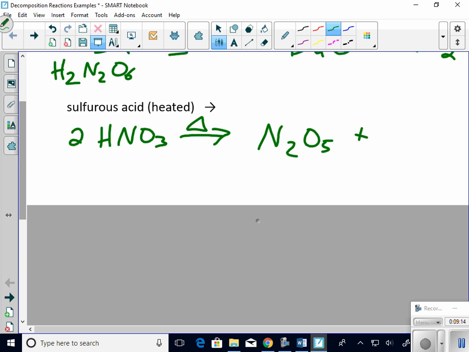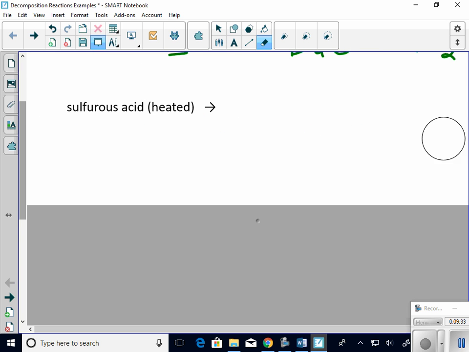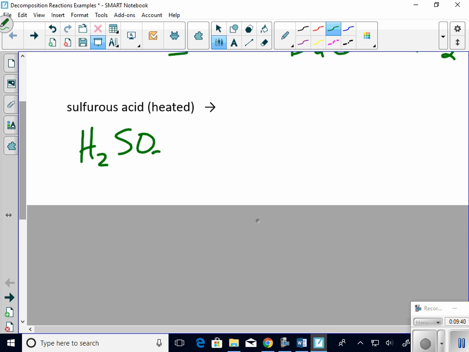N2O5 and water. So if I have a monoprotic acid, we have to have 2 of them in order to do so. Is that balanced out? Yeah. That one's balanced out. Okay, let me get this one back on there.